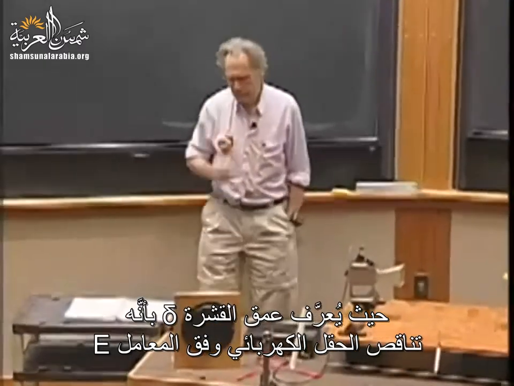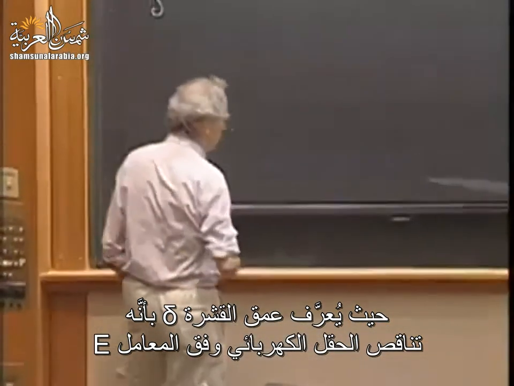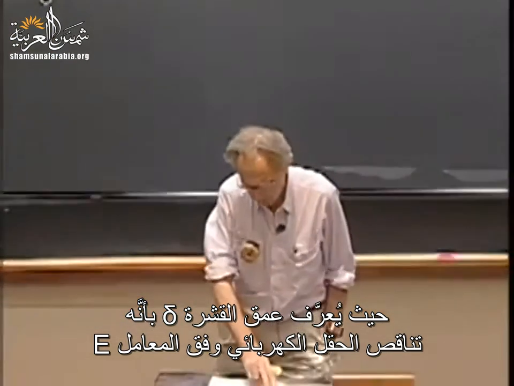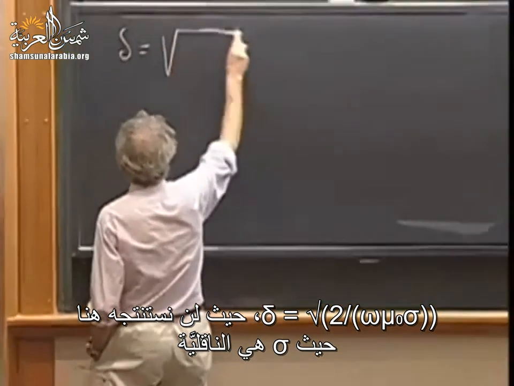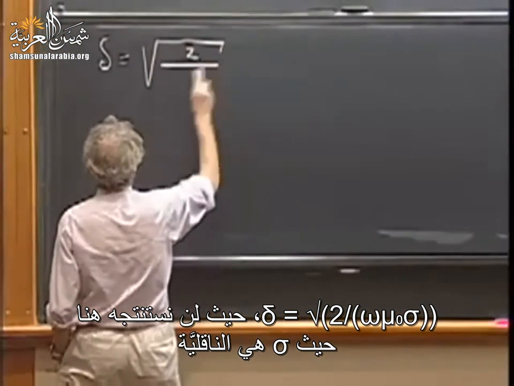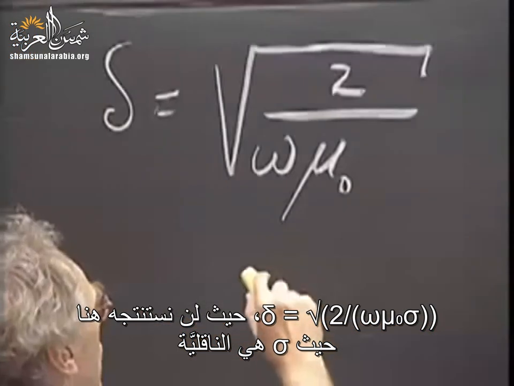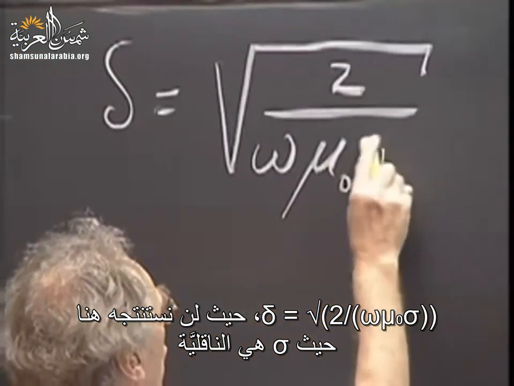That skin depth delta is defined in such a way that the electric field falls off by a factor of e. And that skin depth, which I will not derive here, is the square root of 2 divided by omega times mu 0 times the conductivity sigma.